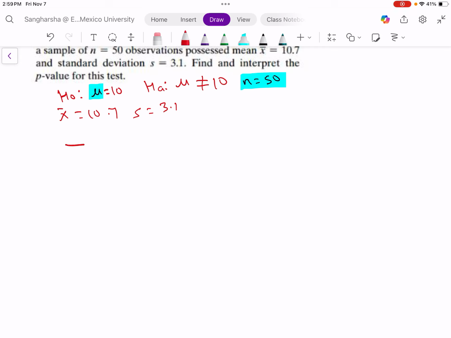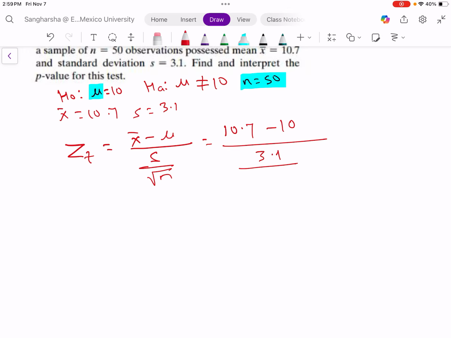So the test statistic would be the z statistic like the previous example, and this is x bar minus mu divided by s over square root of n. So x bar is 10.7 minus mu 10 divided by 3.1 over square root of 50.